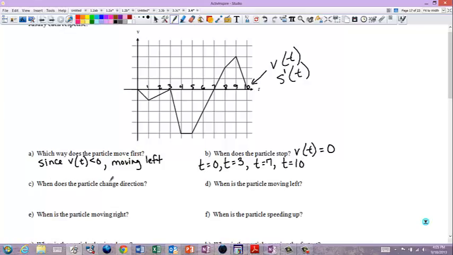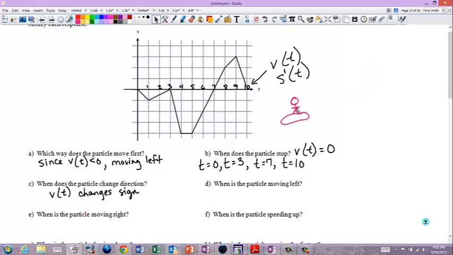When does the particle change direction? The particle changes direction when the velocity changes sign. Because if you think about my car, just pretend I'm in a car.